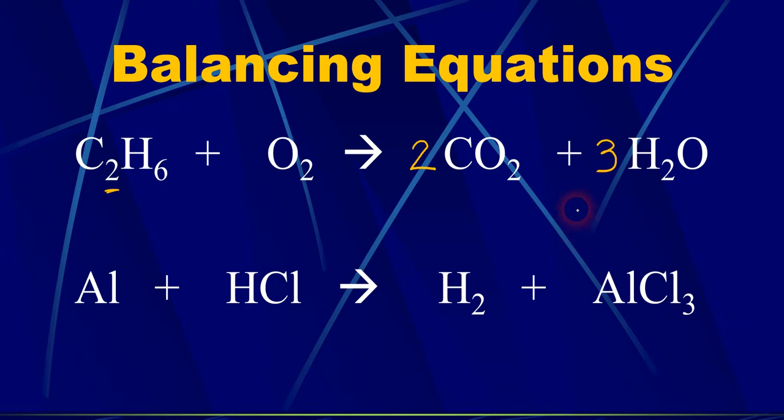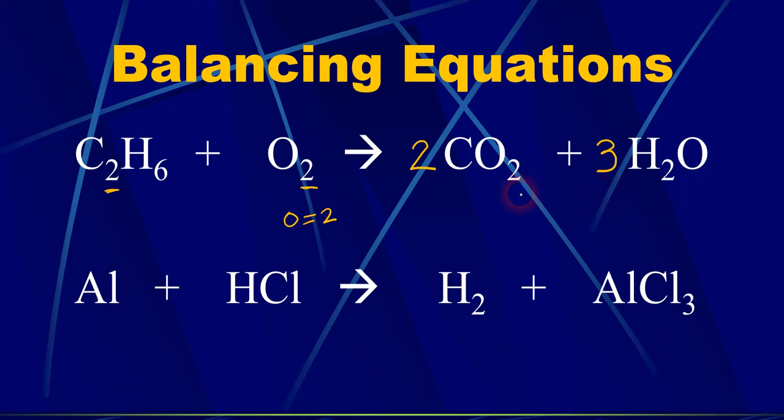Now the oxygens, this is the hard part. Students might really need to pay close attention to this, because this is where people get stumped sometimes. Notice that we have 2 oxygens on the left. On the right side, how many oxygens do we have? Can you count those up?